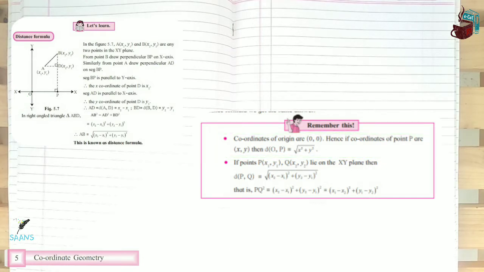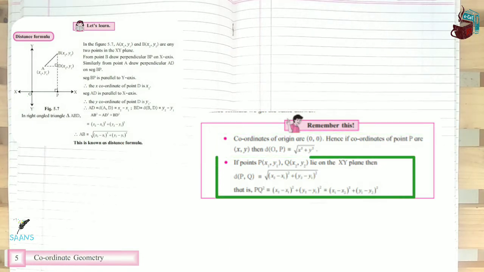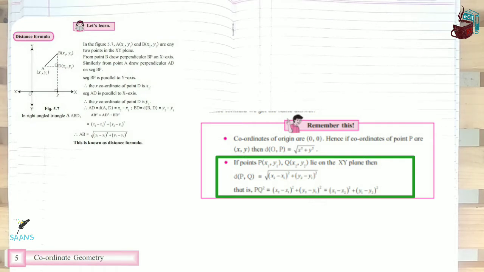And now, जैसे हम लोगों ने AB के लिए deal किया था, here they are taking another 2 points P and Q. Okay. So if P is (x1, y1) and Q is represented by (x2, y2), they lie in the xy plane, then the distance PQ is equal to under root (x2 minus x1) the whole square plus (y2 minus y1) the whole square.